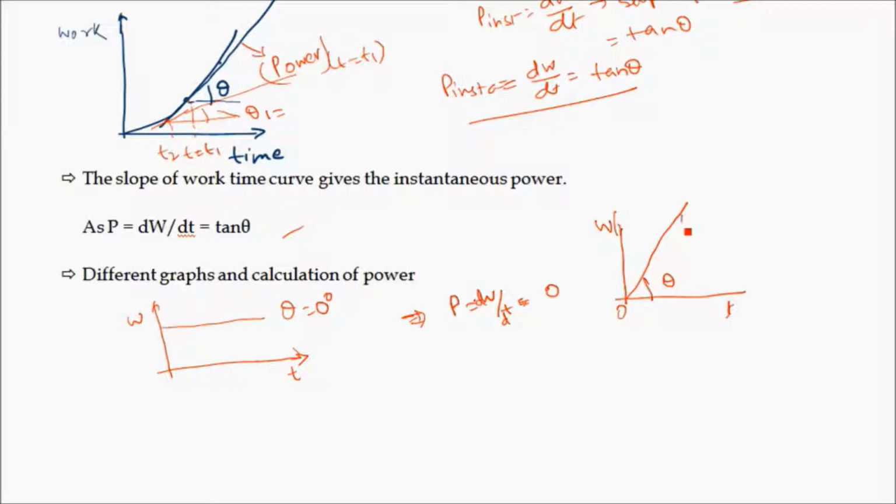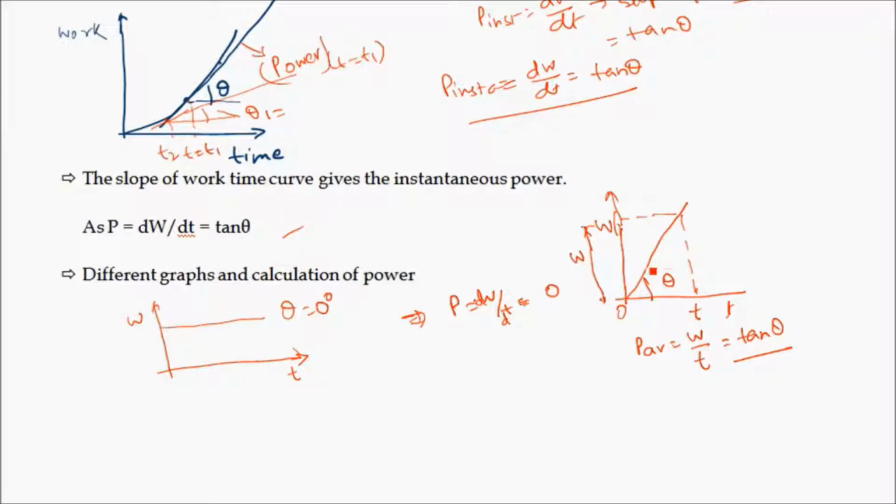If I consider the time 0 to t, the work done during this time will be equal to W. So clearly the average power P average is equal to work divided by time, that is W by t. From this figure, W by t is equal to tan theta, which is the slope of the line.